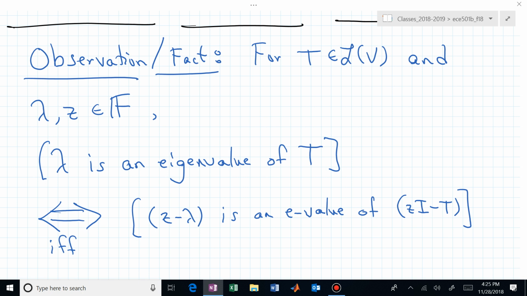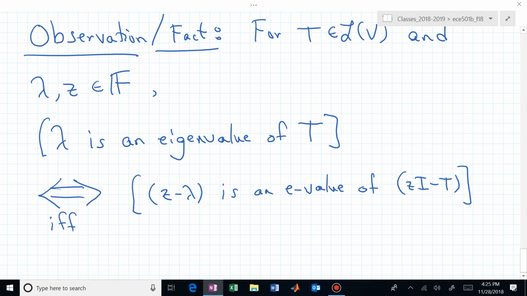Now, I'm assuming that v is an eigenvector associated with lambda, and we're going to use that in the justification. But here, all we're saying is if somebody hands you an eigenvalue of this operator T, then you can form a new operator, zI minus T, and I can tell you what one of the eigenvalues is going to be of that new operator.